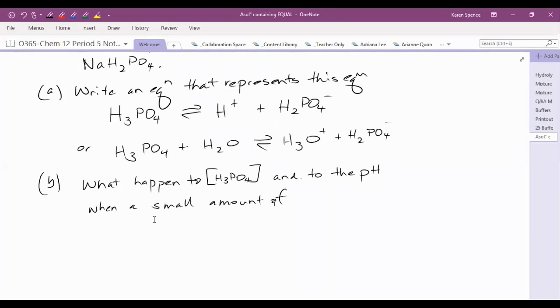Yeah, okay. Strontium hydroxide, Sr(OH)2, is added to this buffer.